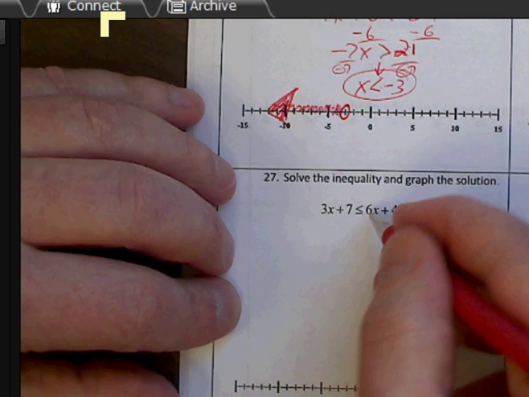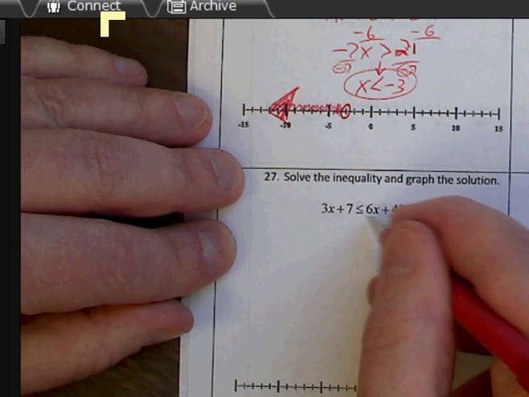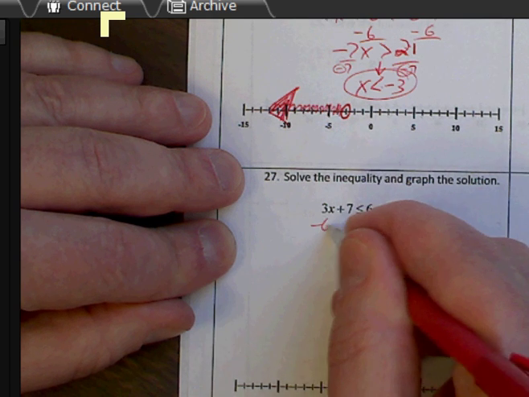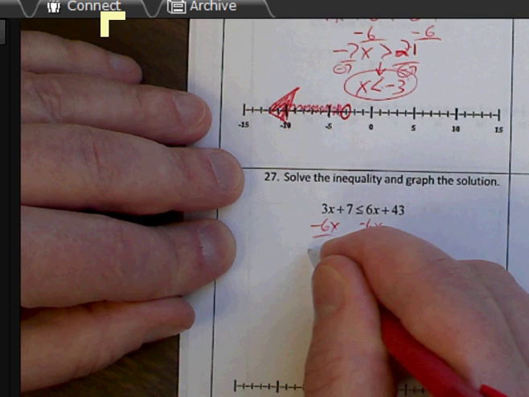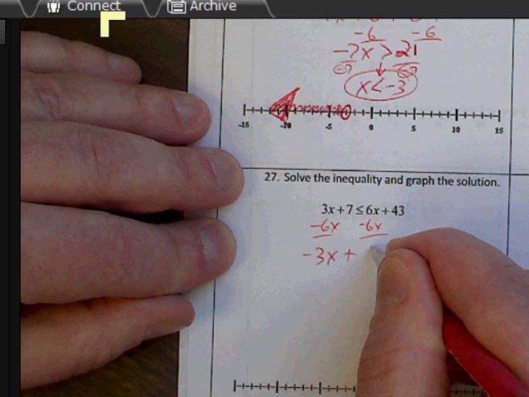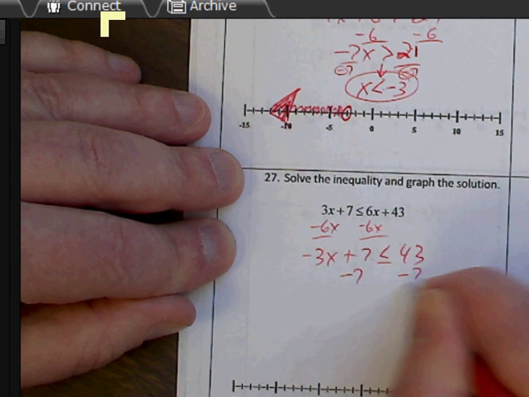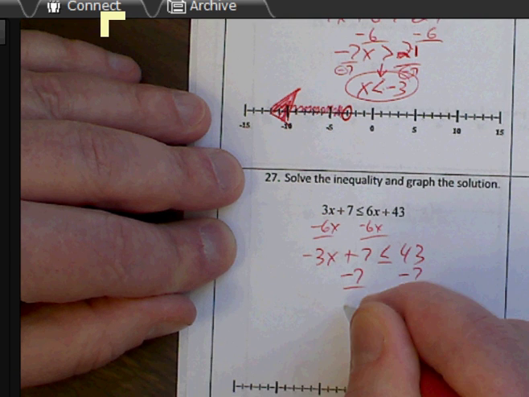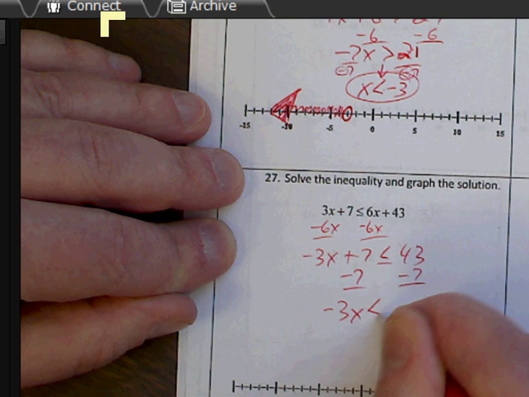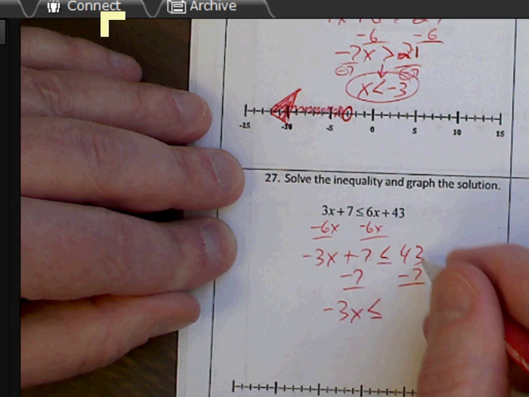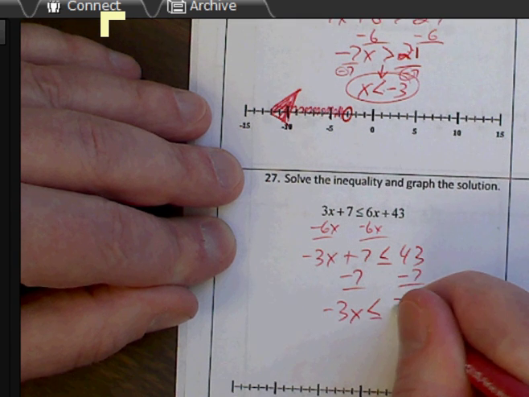All right, let's do this one. I'm going to subtract 6x from both sides. I get negative 3x plus 7 less than or equal to 43. I'm going to subtract 7 on both sides to undo that addition. Negative 3x less than or equal to positive 36.